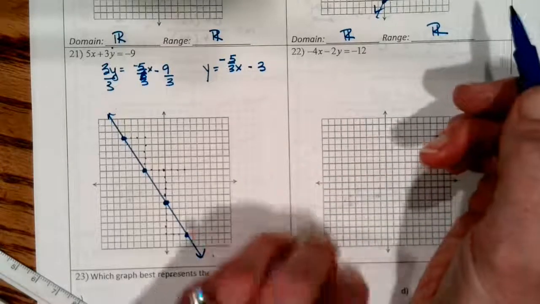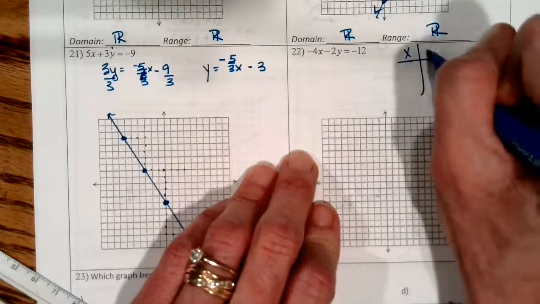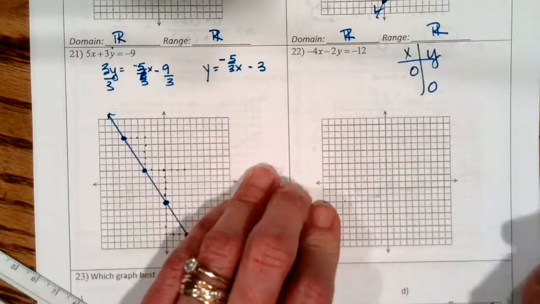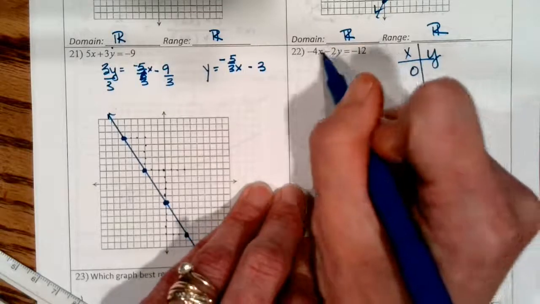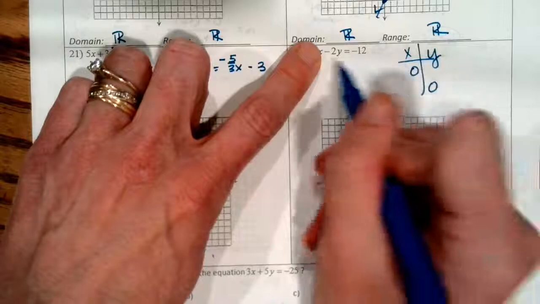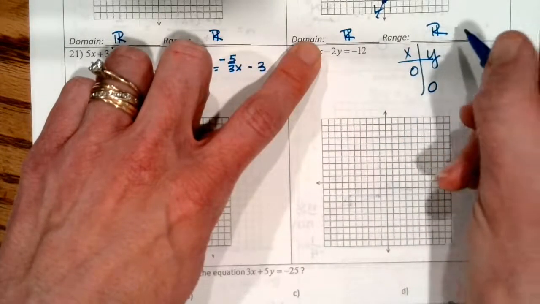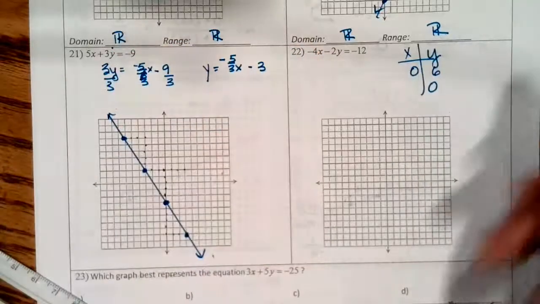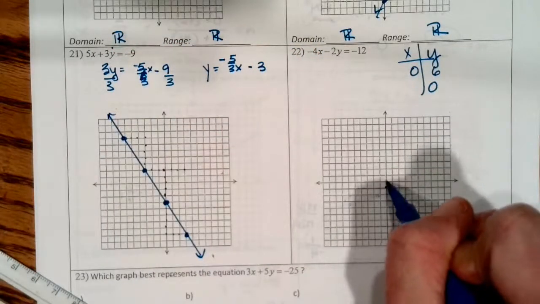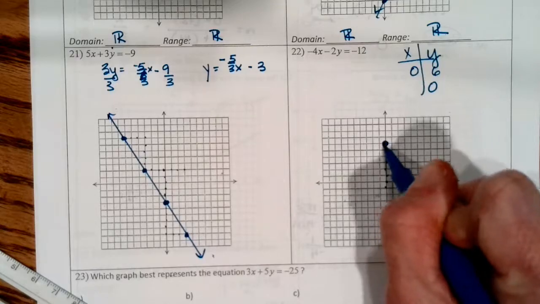All right, guess what? I've got some friendly numbers, so I'm going to go ahead and make it fast and use my intercept table. When x is equal to 0, I can cover up x, divide each side by negative 2, and I get a y value of positive 6, so over 0, up 1, 2, 3, 4, 5, 6.